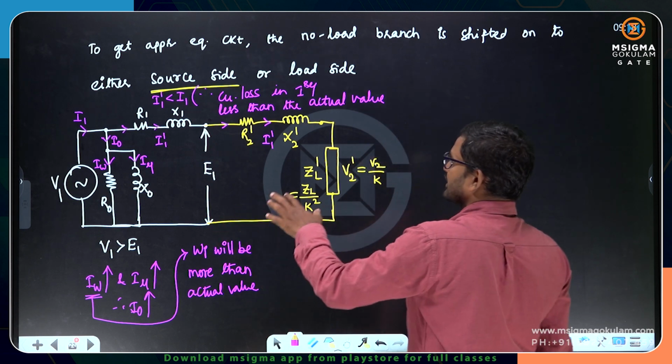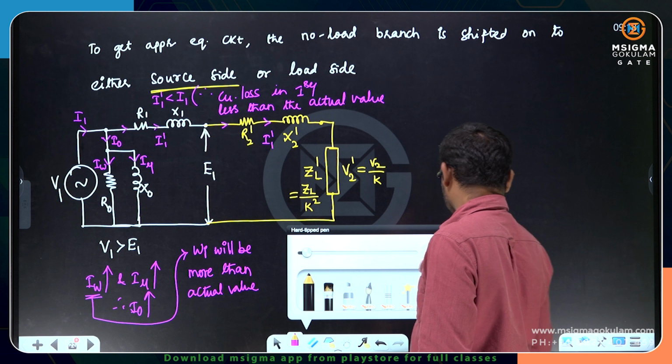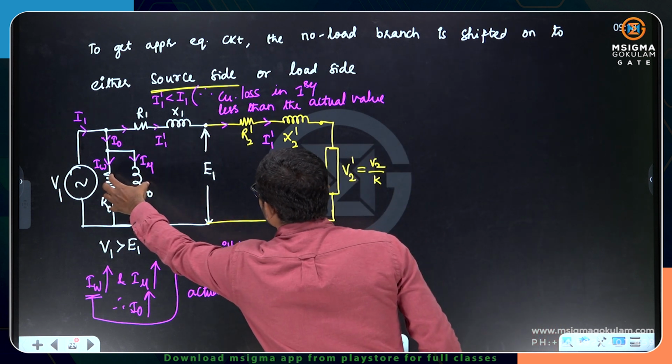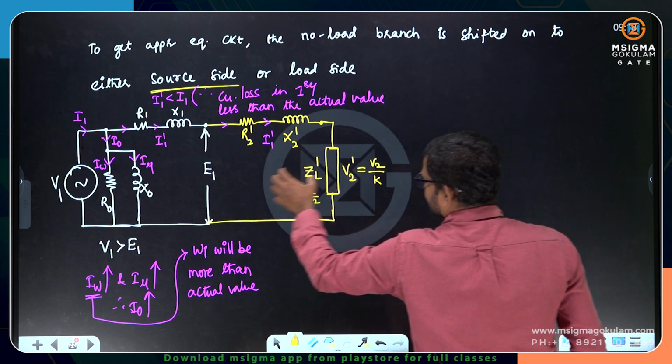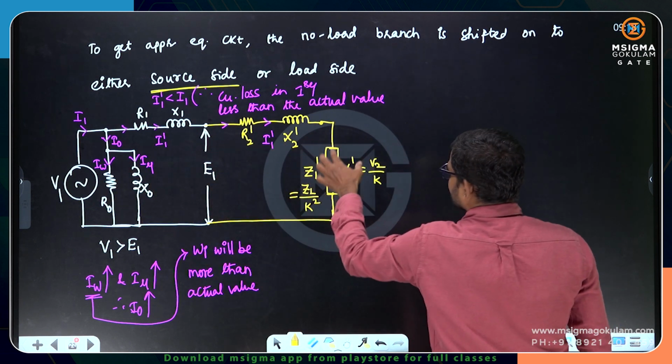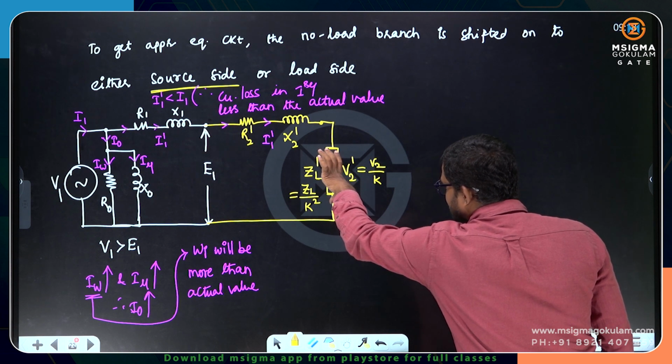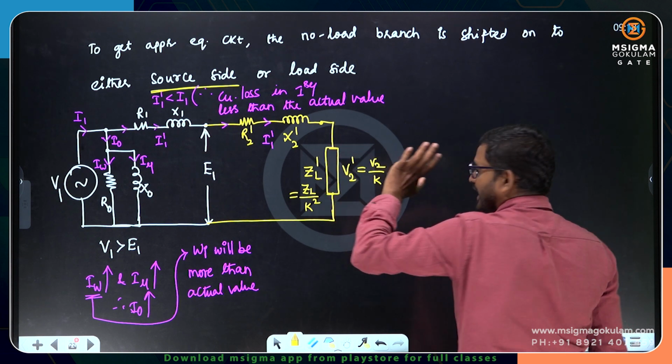Similarly, if you transfer the no load branch parameter, the core branch parameter, onto the load side, the voltage across the no load branch parameter is V2 dash.